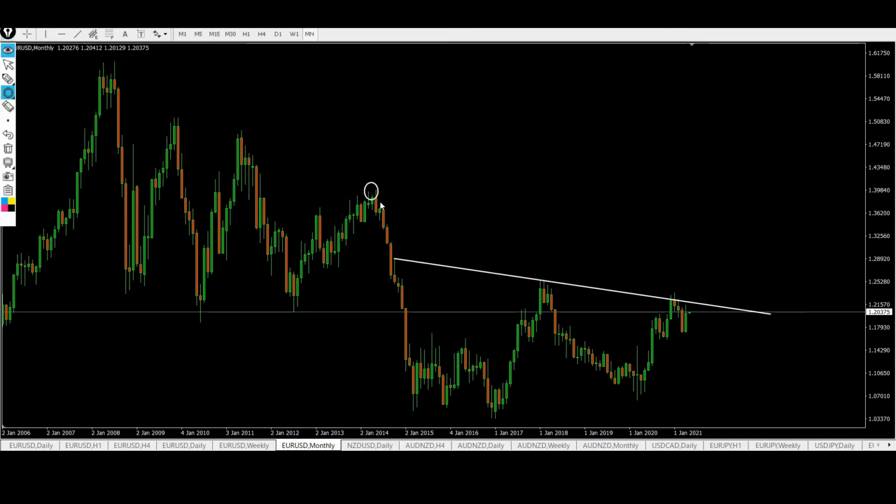Obviously different pivots are these areas right here. This entire area right here is not an obviously different pivot. So for example, let's say this wick right here was a little bit higher, in which case we would be able to draw a trend line from this pivot to this pivot, and it does come in contact with the pivot in question.